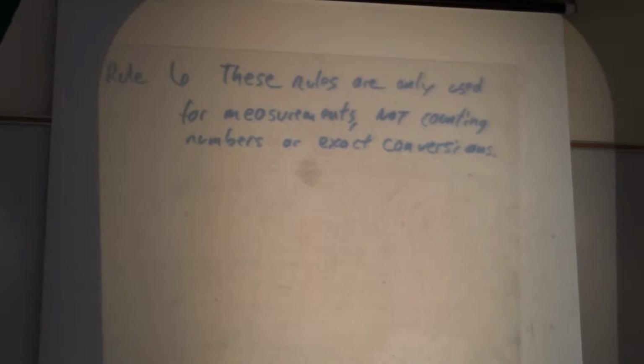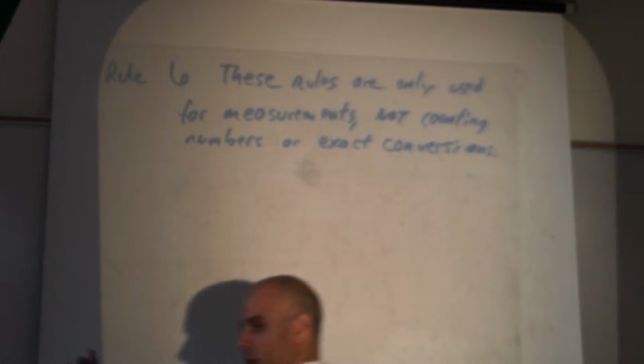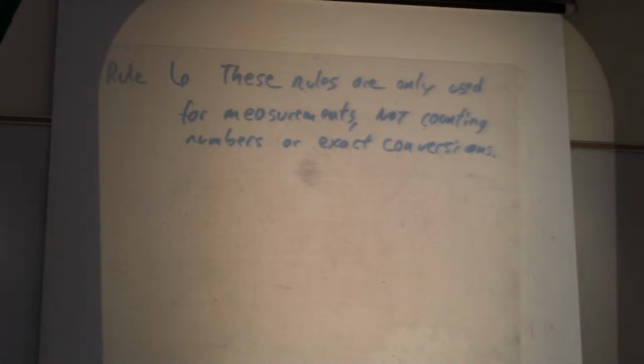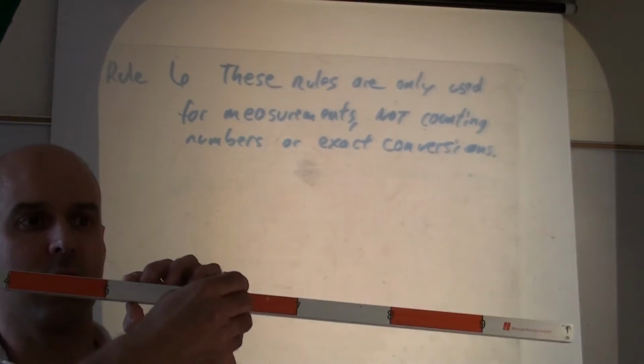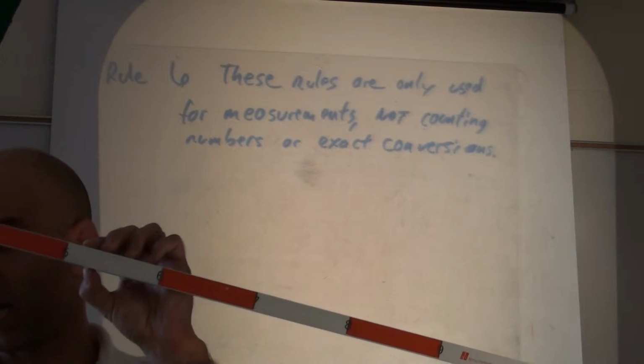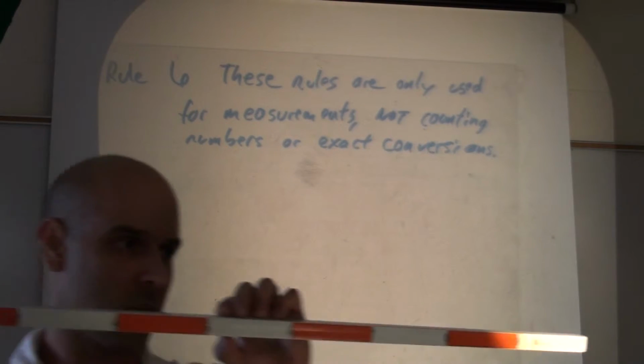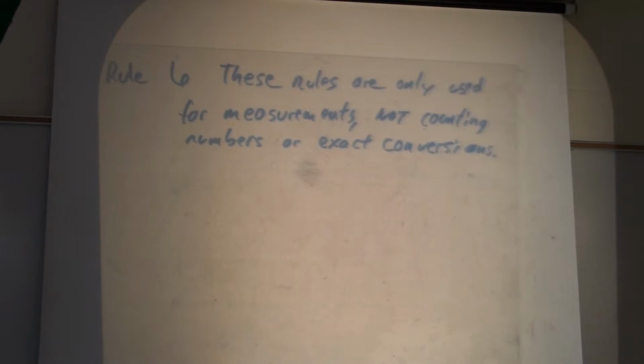So when we measured the width of the table, we got out the meter stick. And you measured it to be 6 decimeters, and then you made a guess, right? 6.1 decimeters, 6.2 decimeters. So anytime you are measuring, you have significant figures. But if you are not measuring, you don't have sig figs, okay?